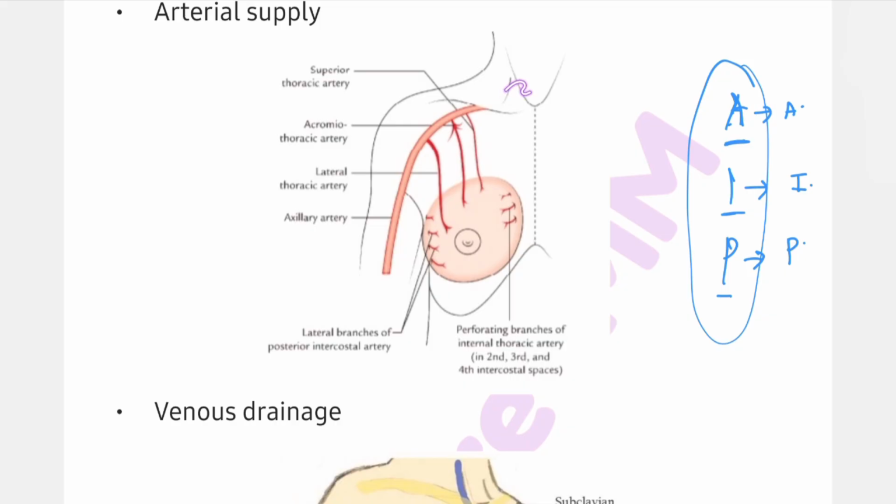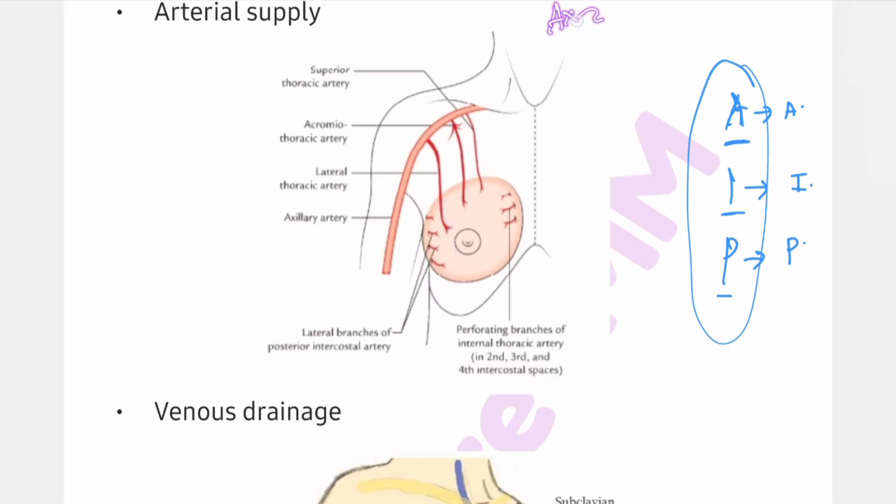So see, you have the subclavian vein here, and it is continuing as the axillary vein. So you have axillary artery supply here, and you have supply of the internal mammary artery, which is a branch of the subclavian artery. This supplies the second, third, fourth intercostal spaces, and here you have branches of the posterior intercostal artery.